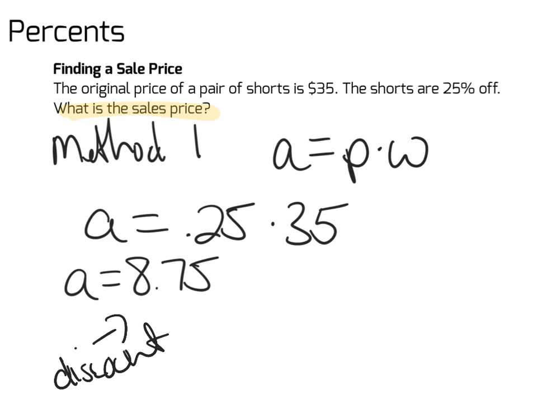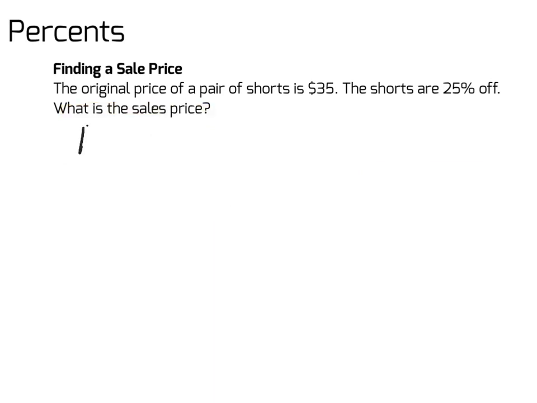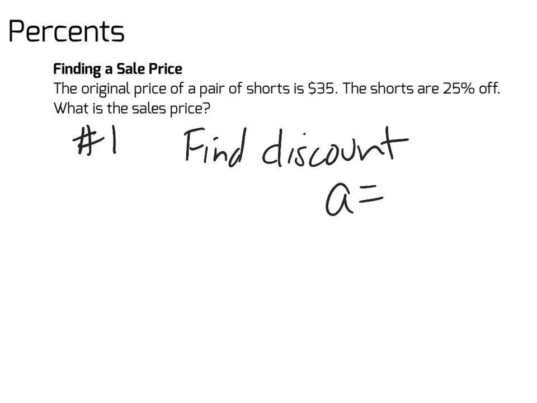So if the original price was $35 and now I'm getting $8.75 off, that's my discount amount, then I'm going to actually end up paying $26.25 for the pair of shorts. So with method 1, the first thing you have to do is find the discount, and I used A equals P times W to find the discount.